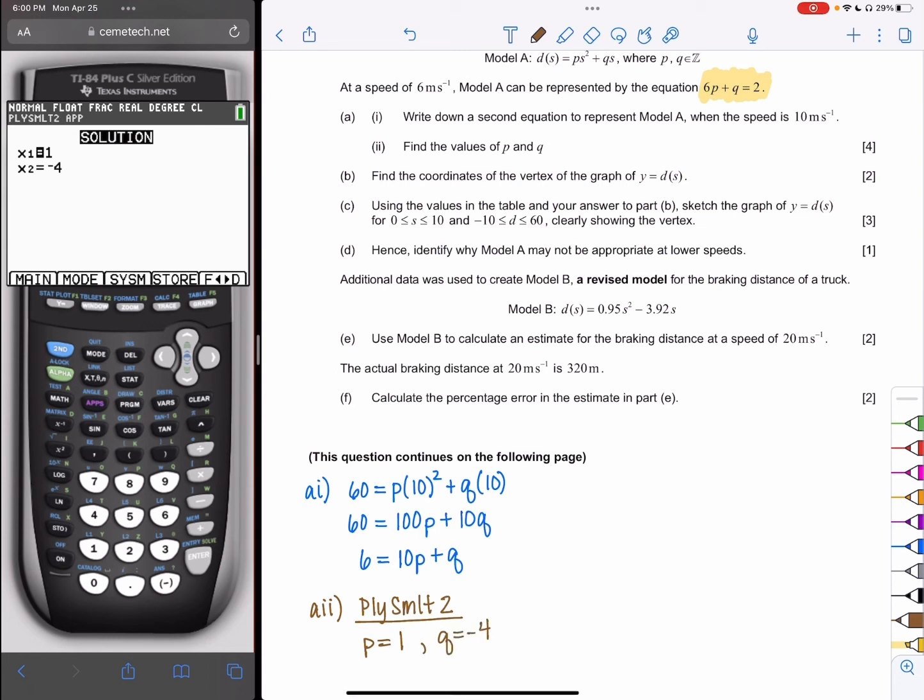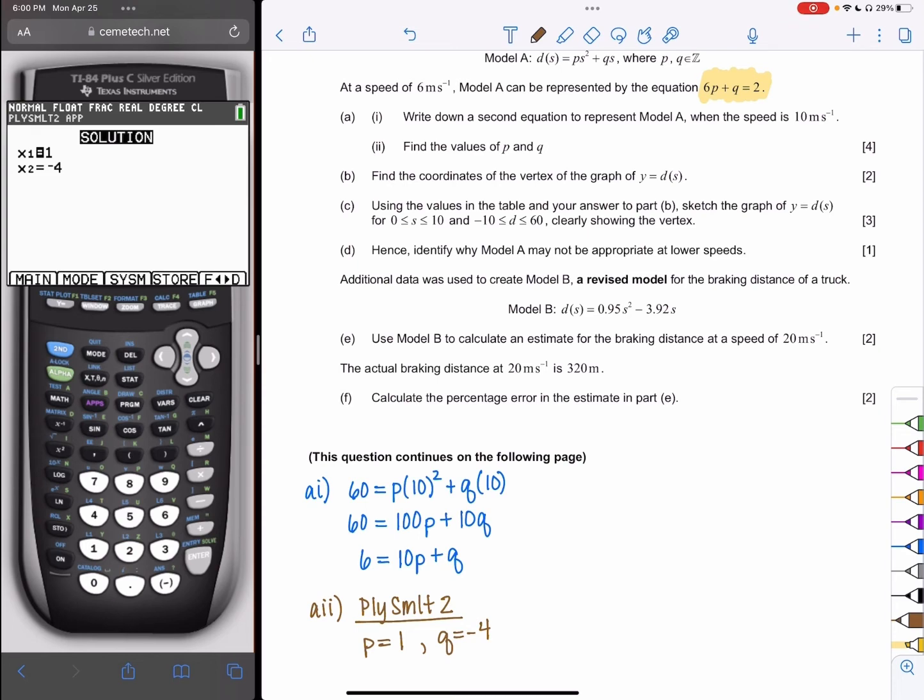If your calculator looks like mine, x of 1 and x of 2 are basically saying what is the value of the variable in the first column going up and down, and then the value of the variable in the second column going up and down. So that's how we know that 1 belongs with P, and Q is -4.